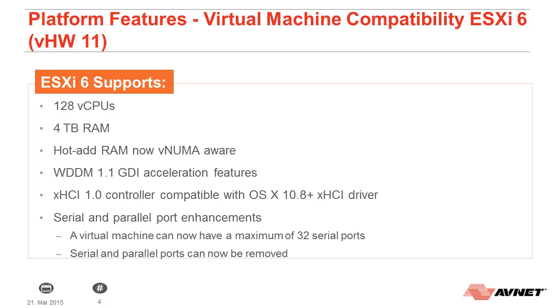So as we grow memory on demand, we're getting that NUMA-centric better performance, as well as new graphics features, new controllers specific to OS X if you're running some virtualized OS X in the environment, as well as both an expansion of the maximum number of serial ports allowed, or the ability to simply completely remove the serial and parallel ports if that's not something you use in your virtual machine environment. Just a little more growth and control capability there.